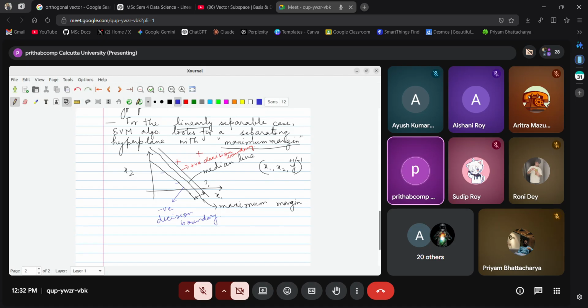So now for a new data set, anything in this region will be treated as belonging to the negative class, and any point in this region and beyond will be treated as a positive class. So this is what we are actually trying to do.